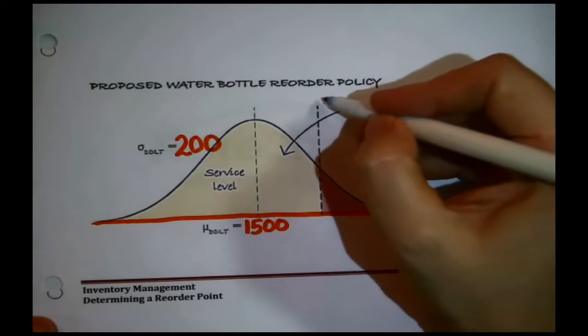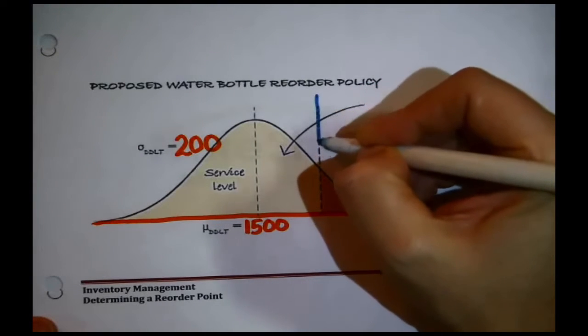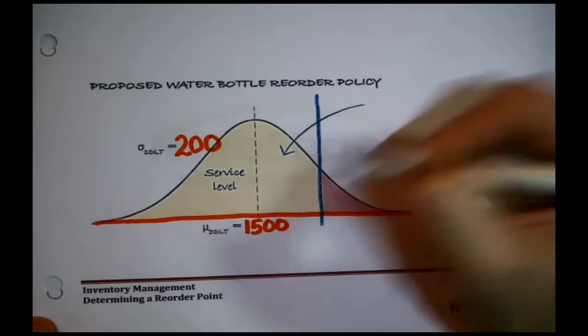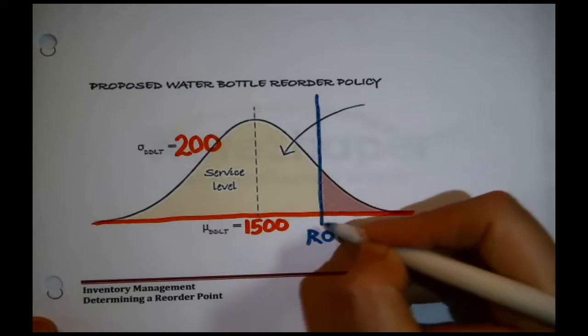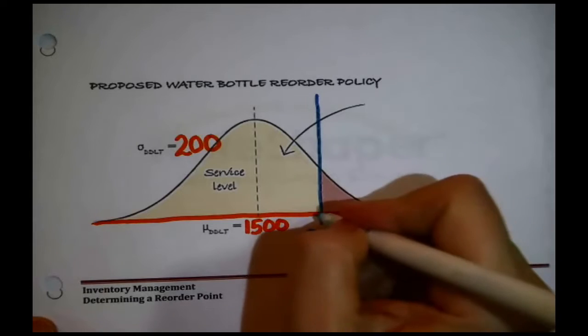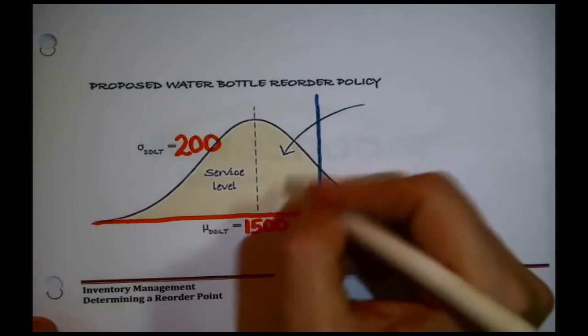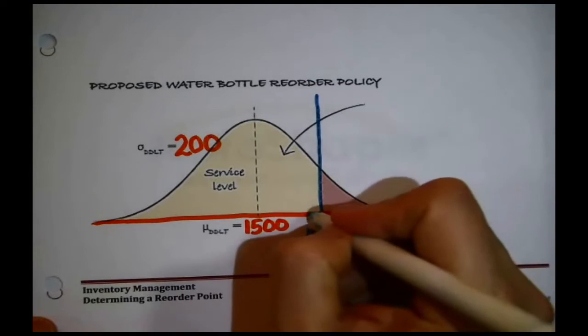Notice this time we have a service level and we have to figure out what the reorder point is. Just like last time, this line has meaning, because it is an illustration of a reorder point. If we reorder at this point, the paler part of the curve is labeled service level.